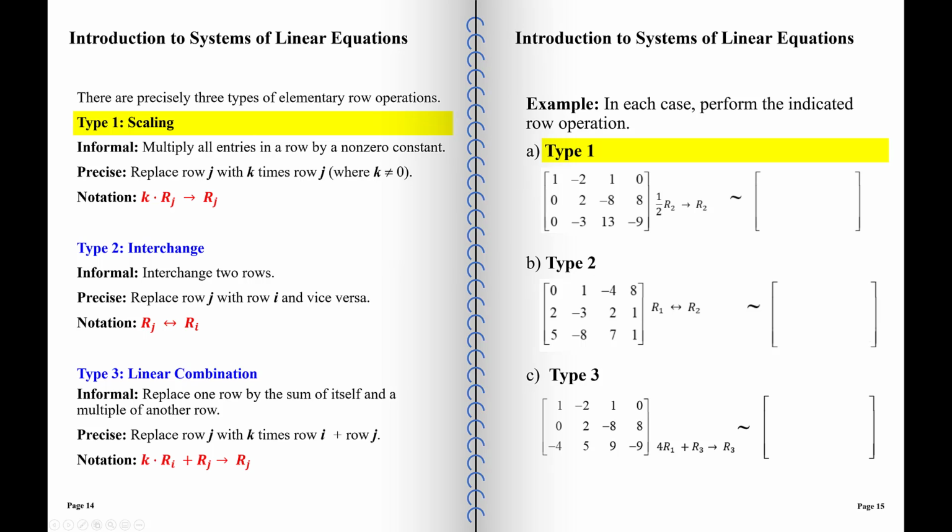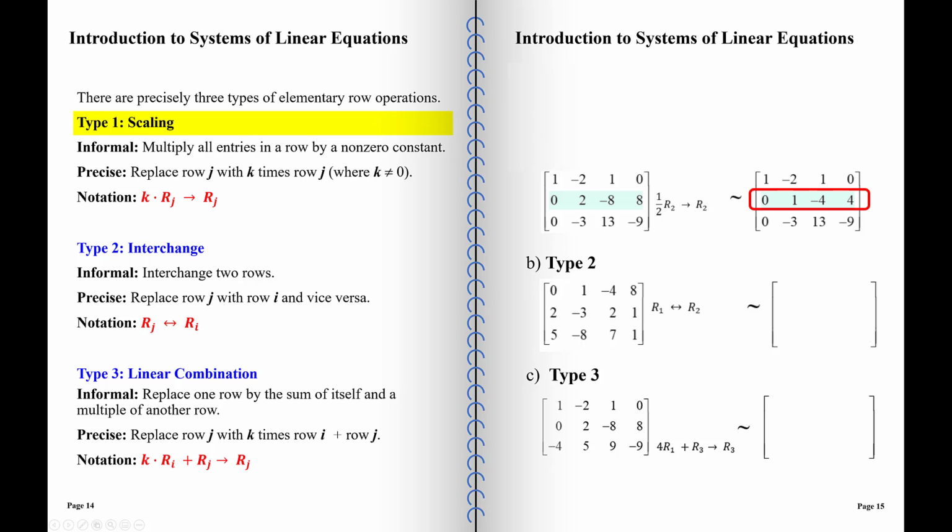So we multiply row 2 by a half, and then the first and third rows you're not changing, because if I say multiply row 2 by a half, that means you're leaving the first and third rows unchanged. Then you change the second row and you multiply each of the entries in the second row by a half. That's scaling. You scale each of the entries in the second row. And you see the result here.